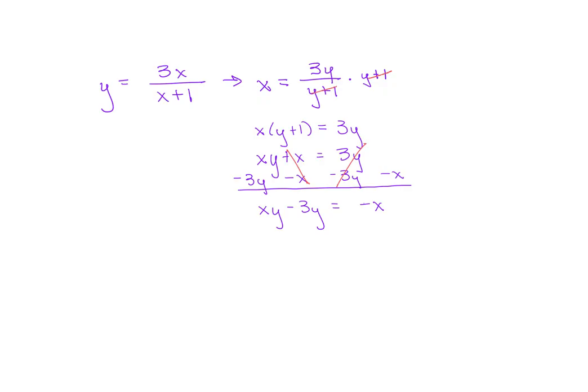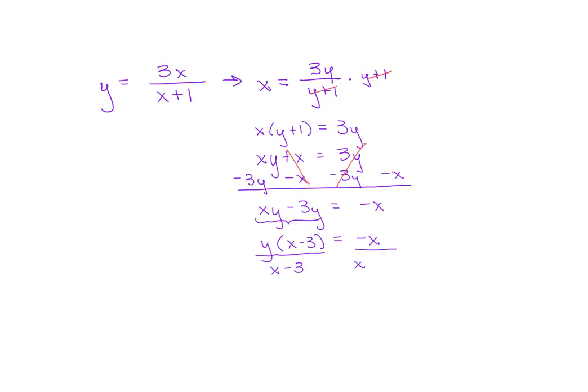We are still solving for y, so the next thing I want to do is, both of my terms on the left have a y, so we can factor it out. And now we have y times something, and so in order to get y by itself, I'm going to divide by the something.